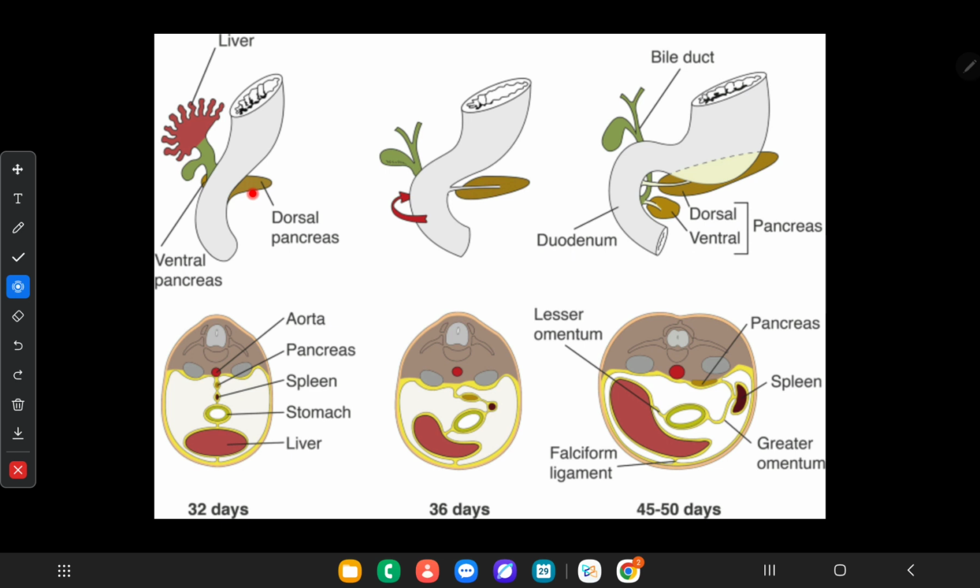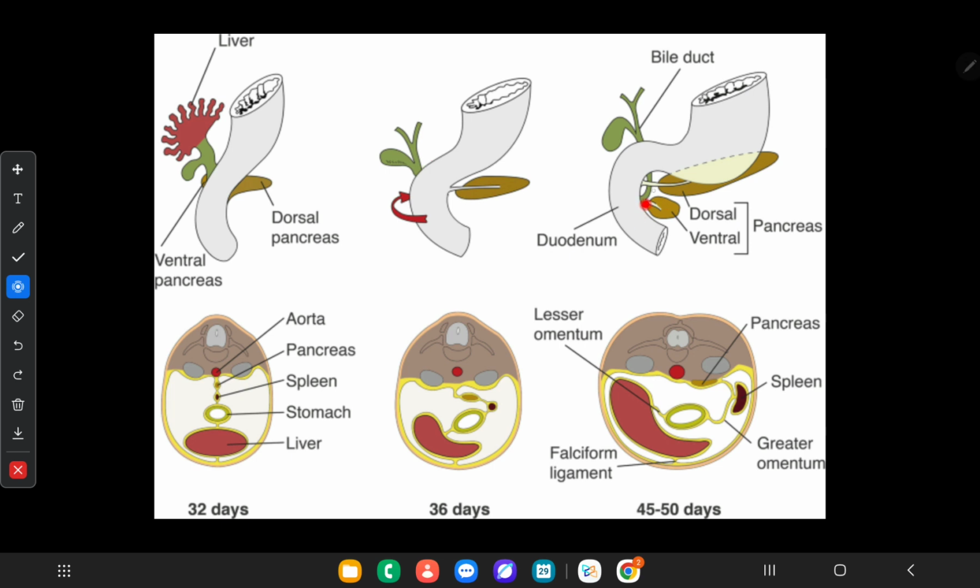When the duodenum rotates to the right side and becomes C-shaped, the ventral pancreatic bud moves dorsally, and the entrance of the bile duct shifts. Finally, the ventral pancreatic bud lies immediately below and behind the dorsal pancreatic bud.